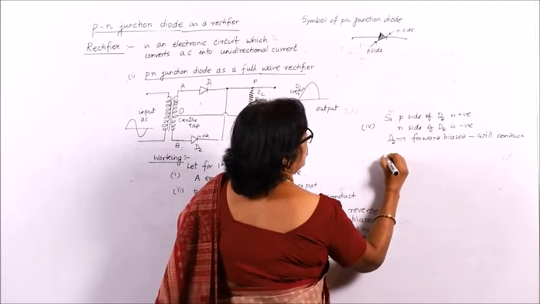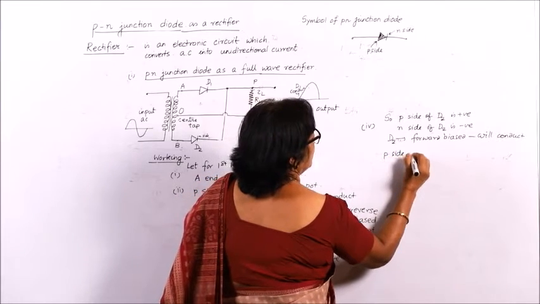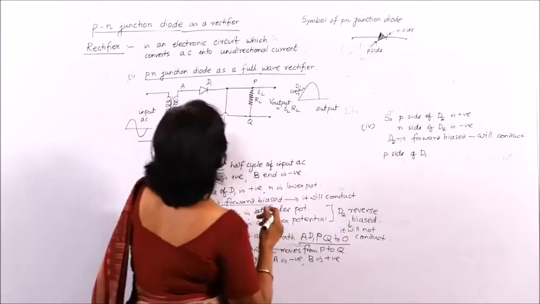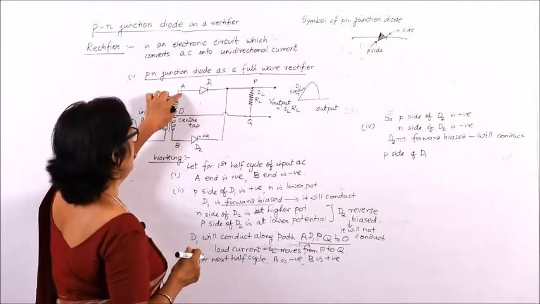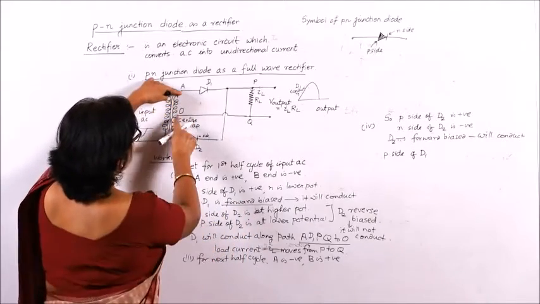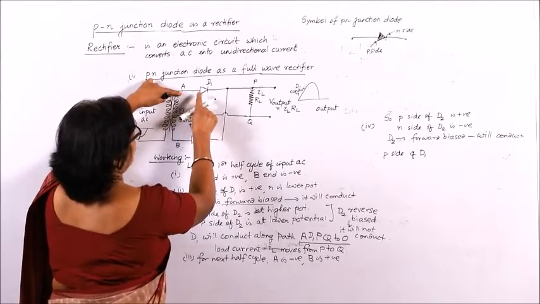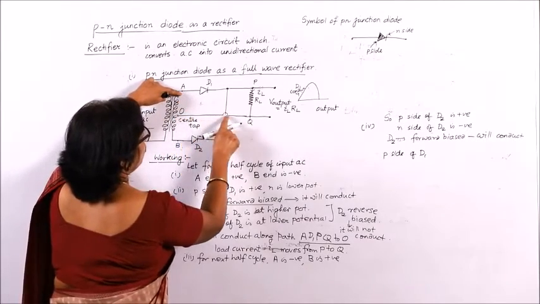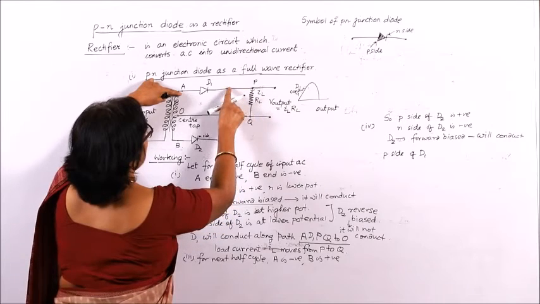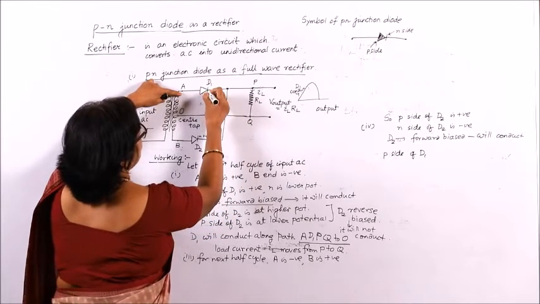On the other hand, the P side of D1 is now negative, A is at a lower potential, and O is at a higher potential than A. O is connected in this manner to the N side of D1.